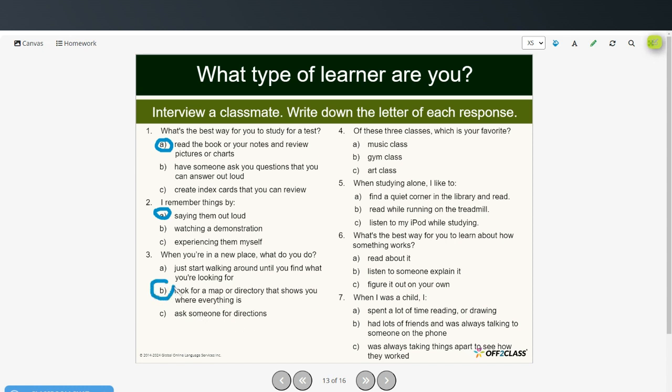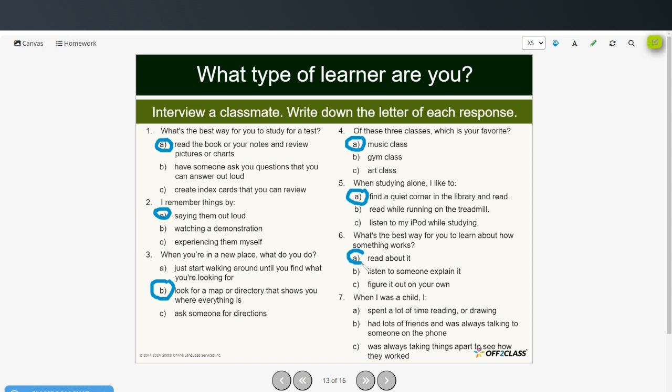I would choose B. Of these 3 classes, which is your favorite? I would say music. When studying alone, I like to find a quiet corner in the library and read. What's the best way for you to learn about how something works?